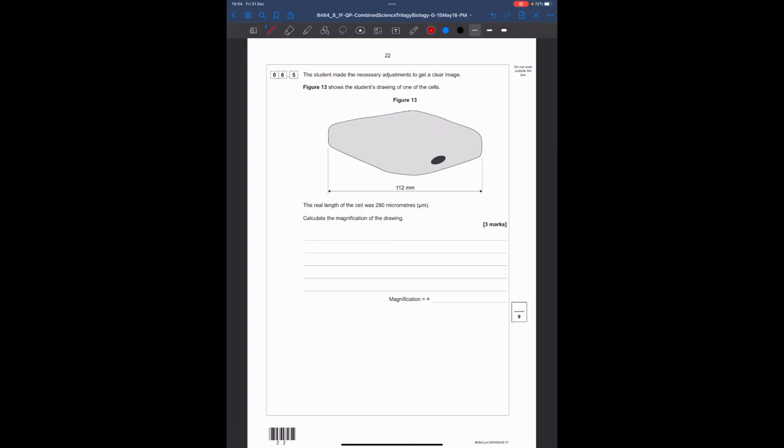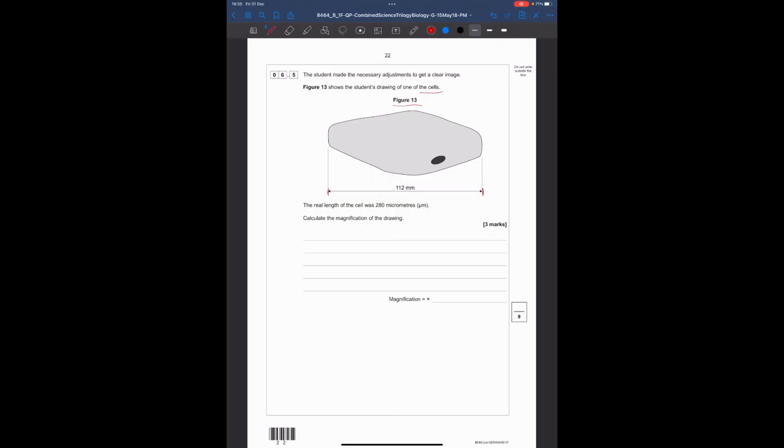Question 6.5 then. The student made the necessary adjustments to get a clear image. Figure 13 shows the student's drawing of one of the cells. In figure 13, you can see that the length is 112 millimeters, that they've given to you in the diagram, so you don't need to measure it yourself.